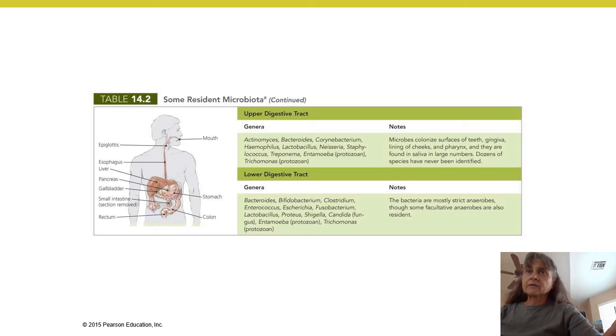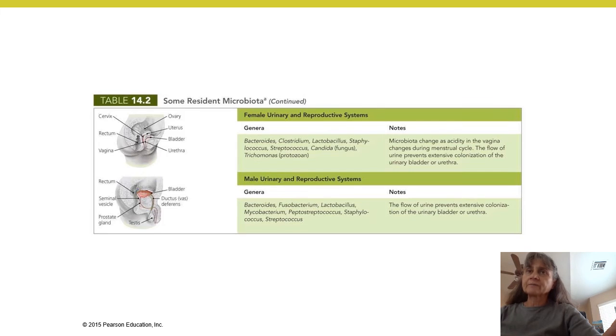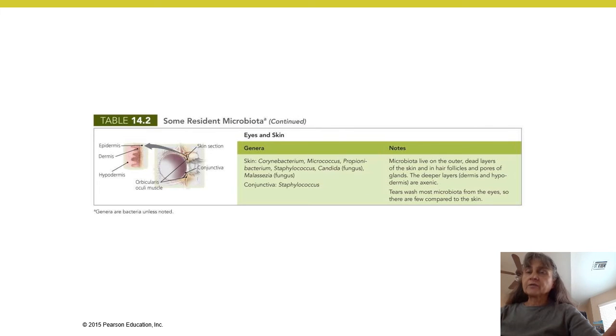Some resident microbes in your upper digestive tract and your lower digestive tract. Some more resident microbes, this time in the female urinary and reproductive system and in the male urinary and reproductive system. And finally, you get normal resident microbiota in the eyes and the skin.